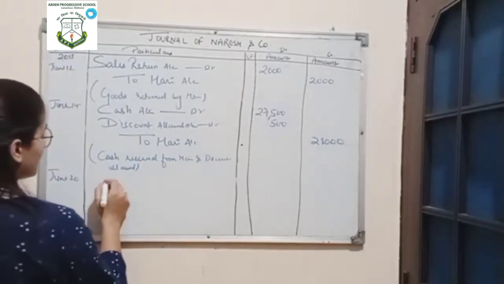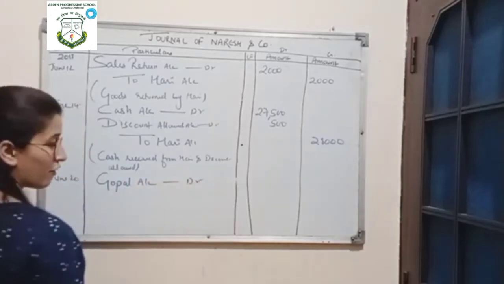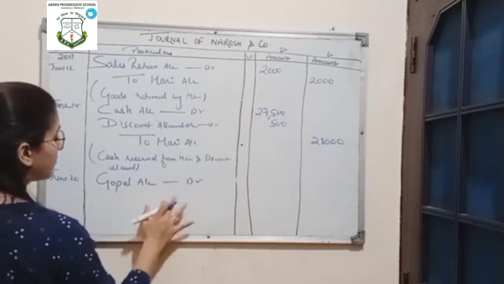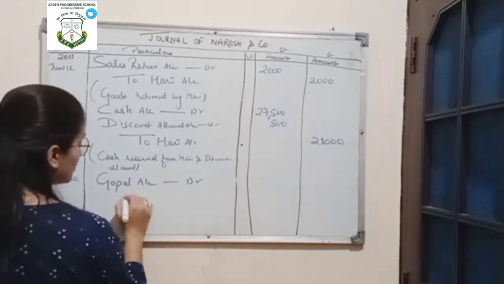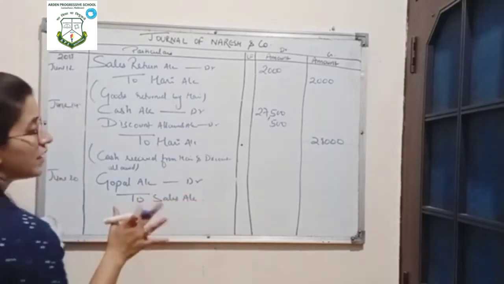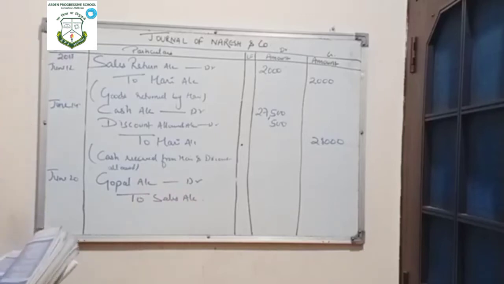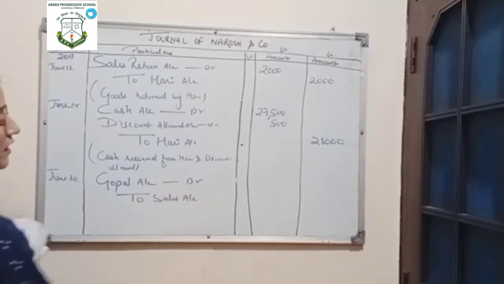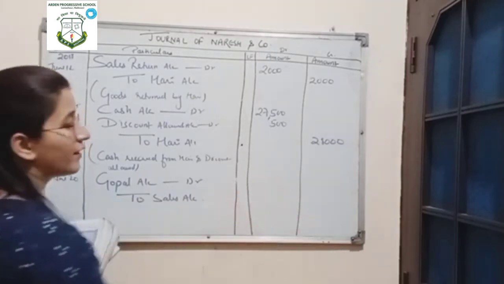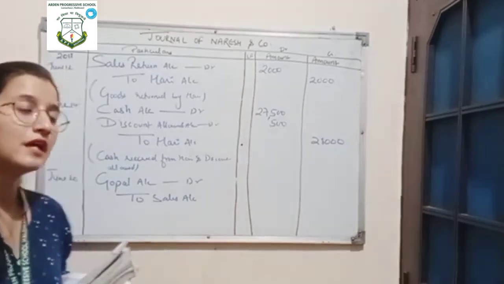So here the entry will be Gopal account debit, as Gopal is the receiver of goods. According to the personal account rule, we will debit Gopal's account to sales account. No entry for trade discount is recorded. Sales is an income, so income is credited. Now what will be the amount recorded in the books of account? We have to deduct the discount from the invoice.